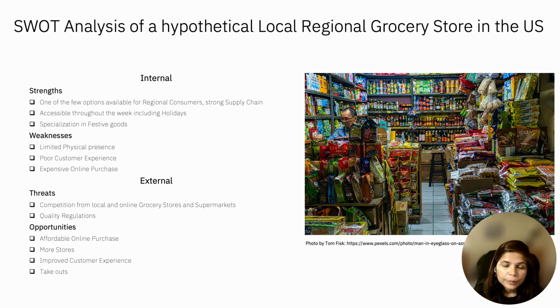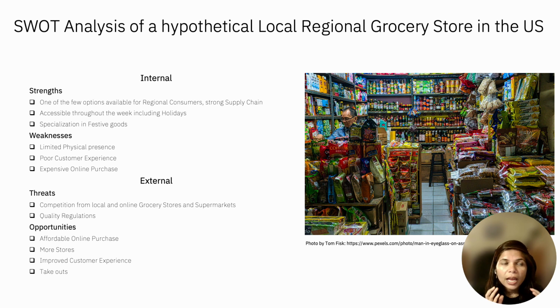Then improved customer experience. So you have to make sure that the people and the staff at these stores are familiar with the native language of that region, because there can be senior people or there can be visitors in those families who are visiting.